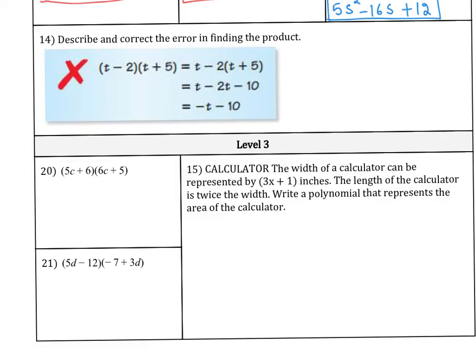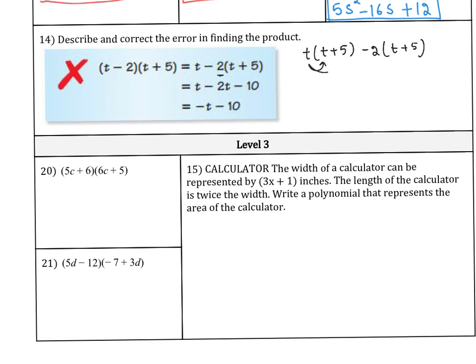For number 14, we are going to describe and correct the error in this problem. So what is here, if we distribute this t with t plus 5, then we should write it as t times t plus 5 and negative 2 times t plus 5.